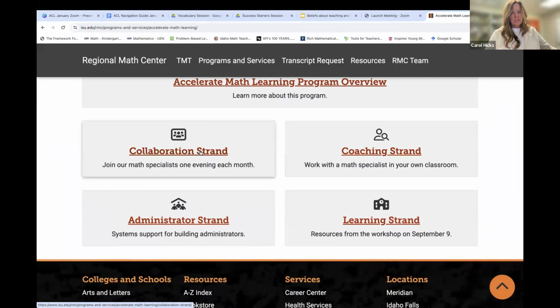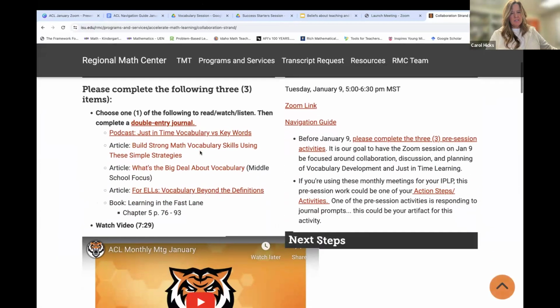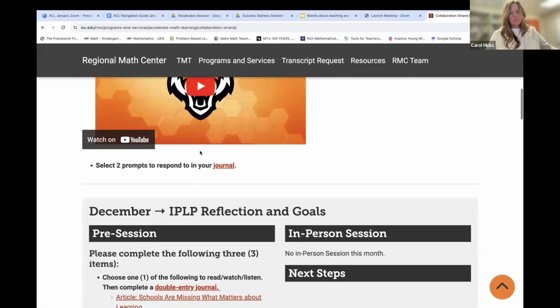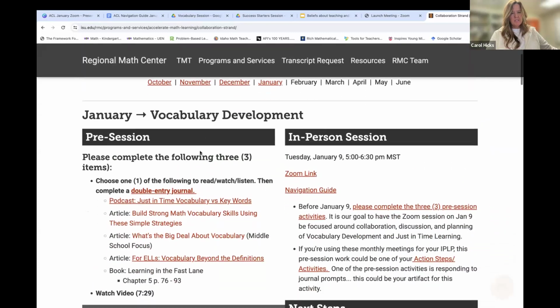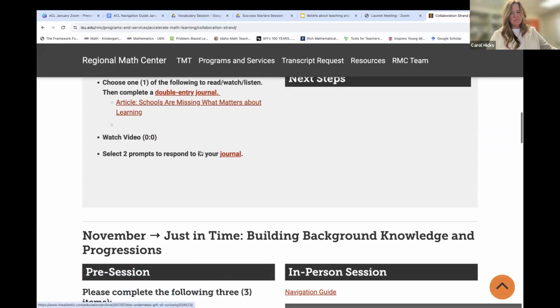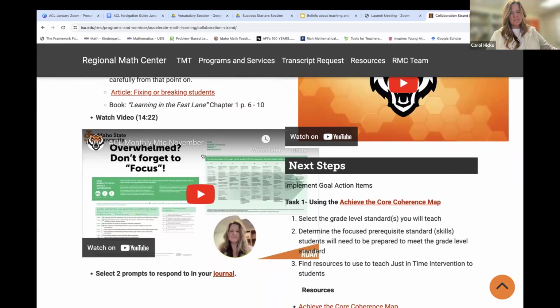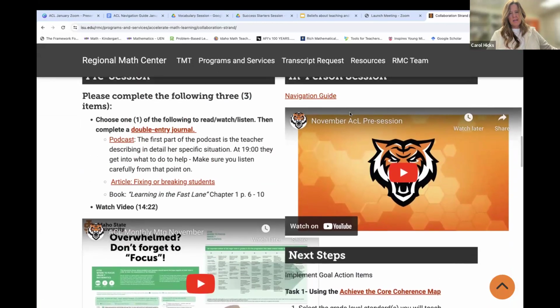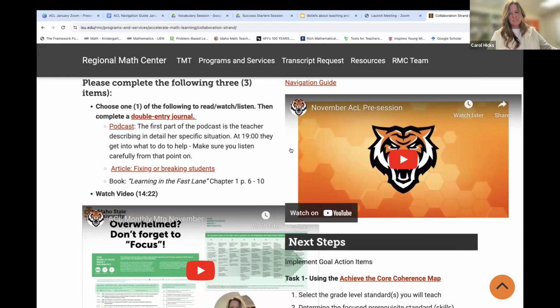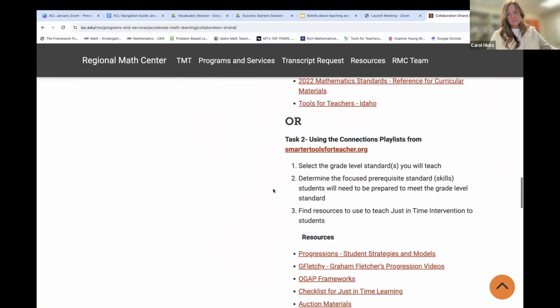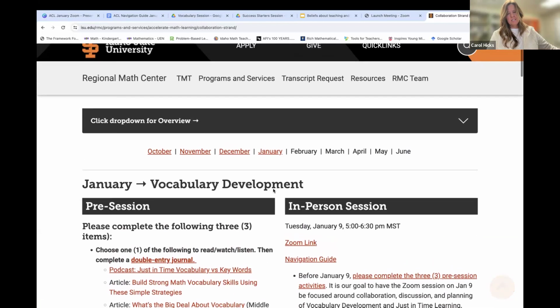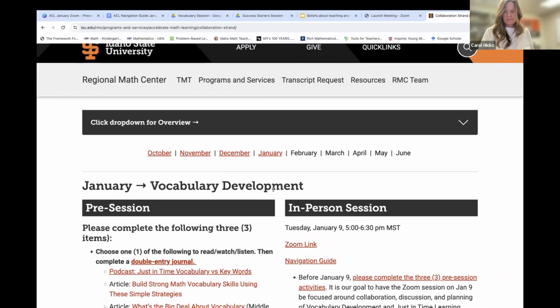And if you look on the collaboration strand, that's where we put all the videos. So this month we just have the pre-session, but if you look in November, there is the pre-session, and then there's the actual in-person session. So that's where you can find those. It might take a few days to get those loaded, but that's where they'll be. Awesome. Thank you so much.